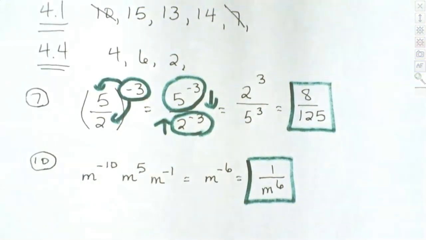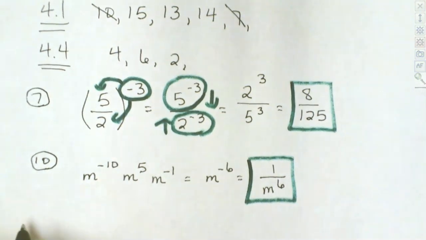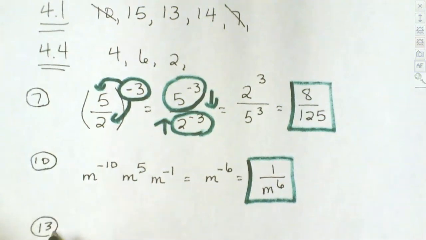The next ones are the more difficult ones. These require all the rules, quotient, product, power rule put together. So we're now going to look at question 13. And we'll take our time when we work out question 13.